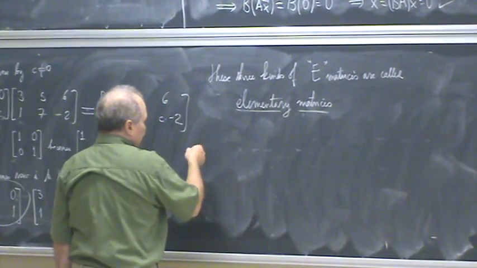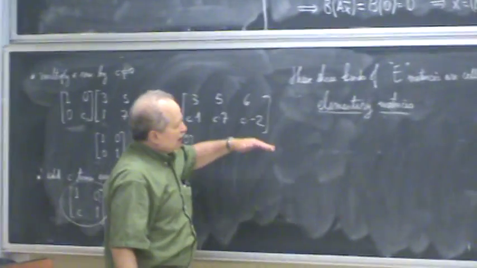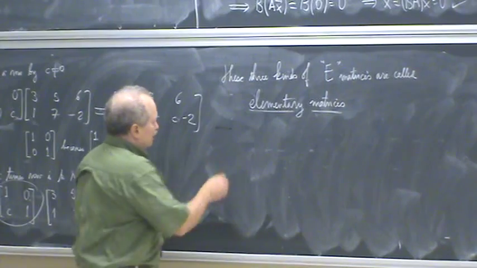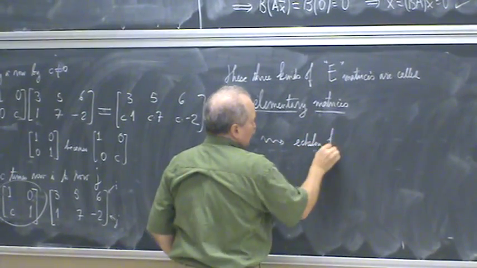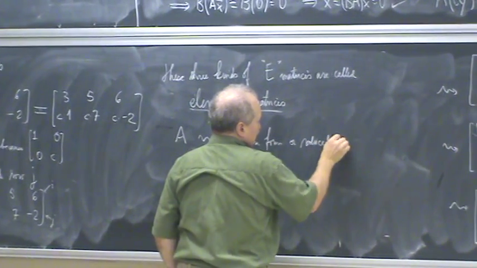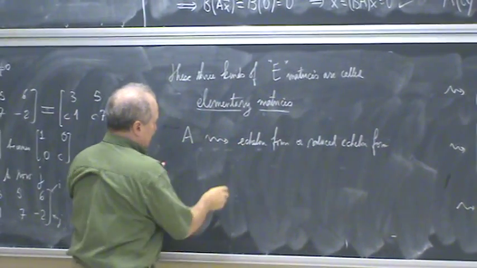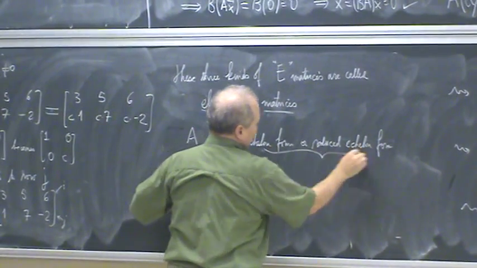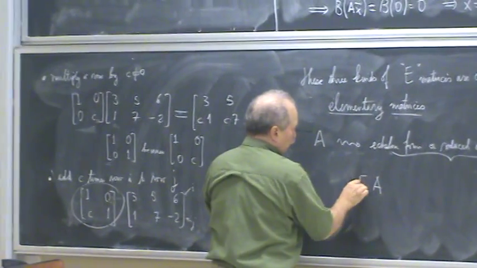And so the moral of the story is going to be that you get A to echelon form, or reduced echelon form, or whatever you want, by starting with A and doing a row operation.